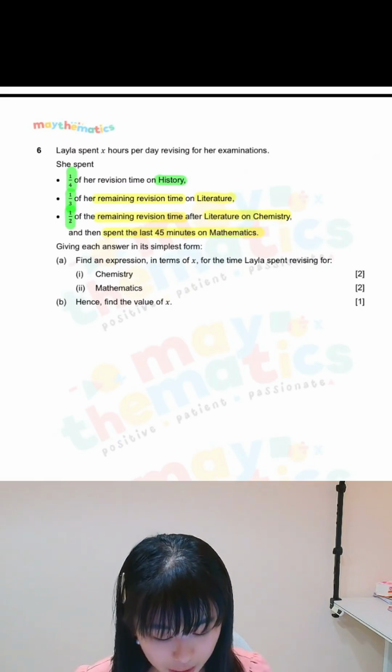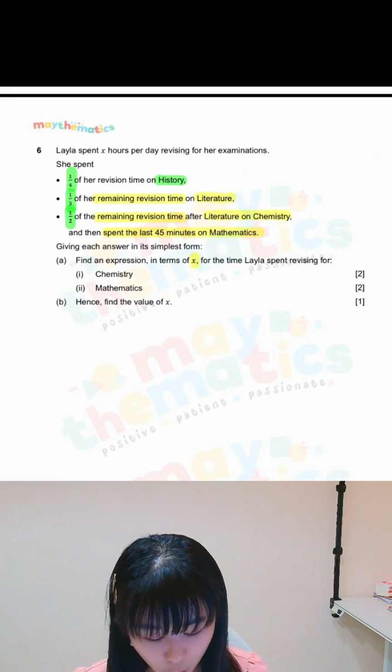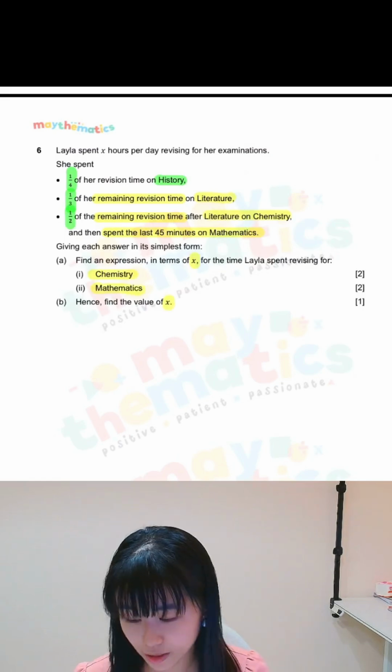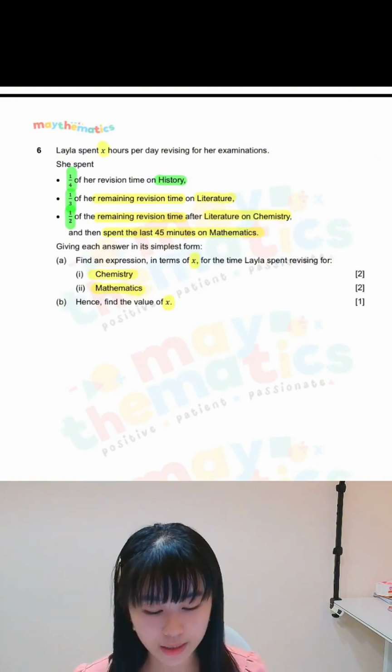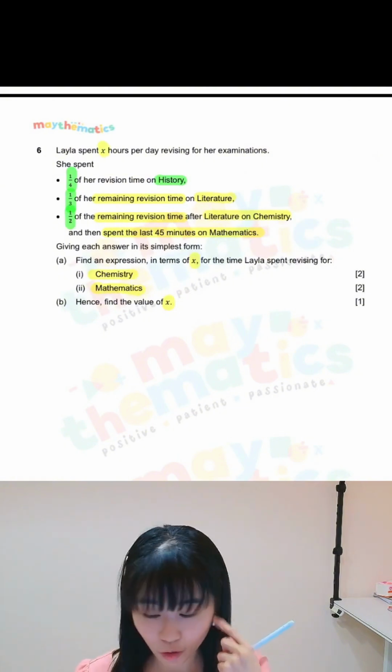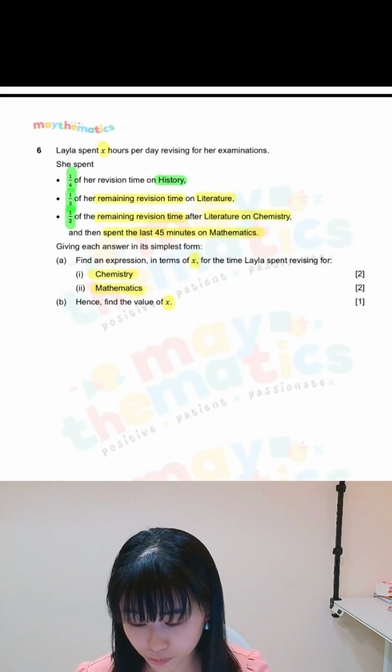Find an expression in terms of X, leaving your answer in simplest form, for the time she spent on chemistry, and then mathematics, and then solve for X.